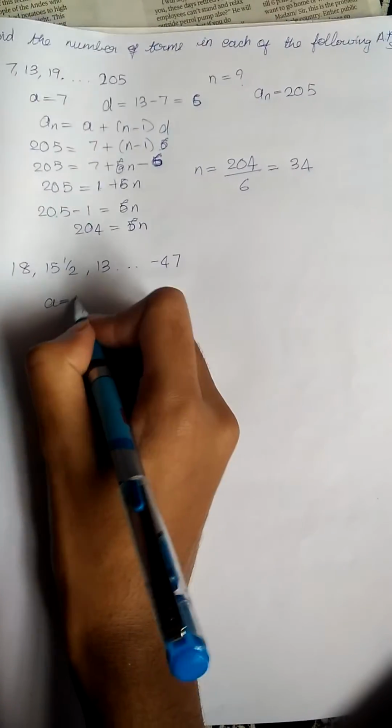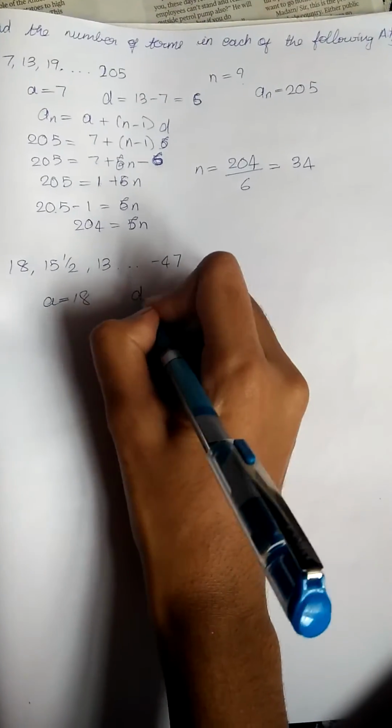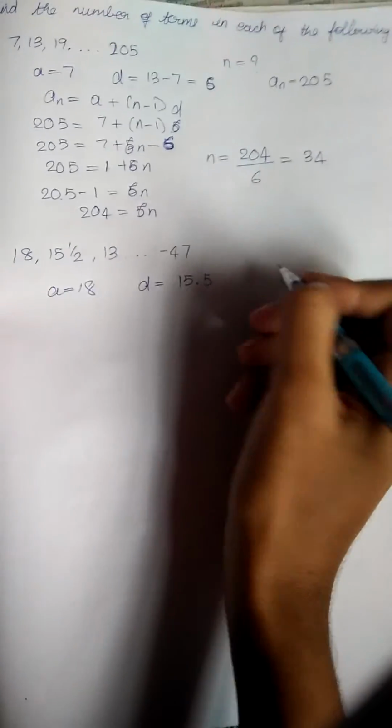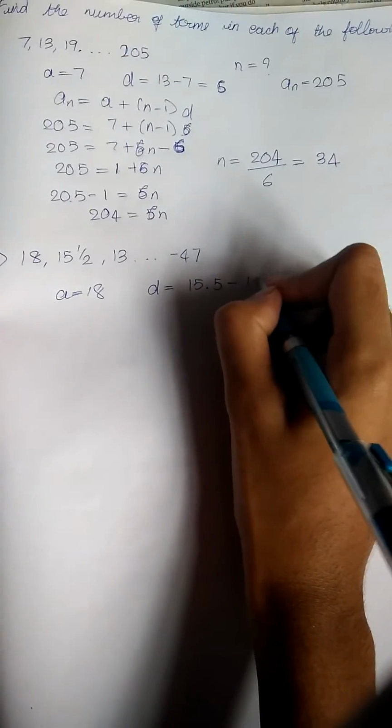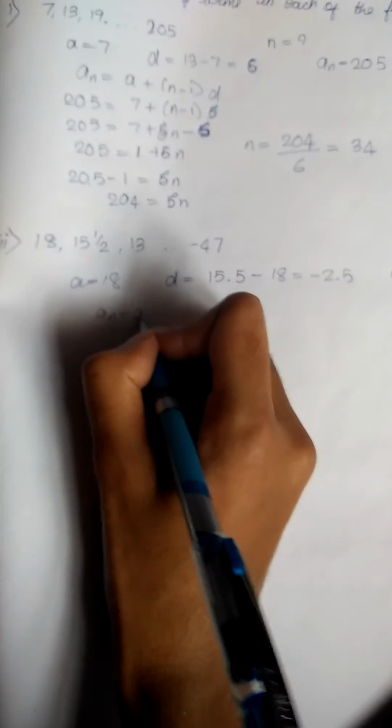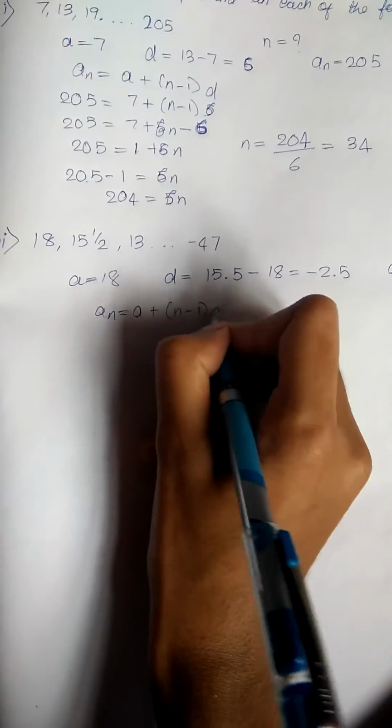The second sub question, a is 18. The common difference is the second term minus the first term, I will take it in terms of decimals, that is minus 2.5, and the last term is minus 47. So an equals a plus n minus 1 d.